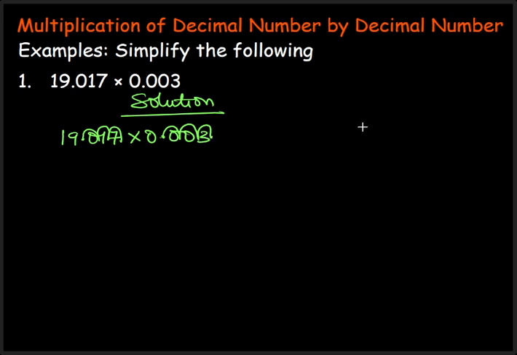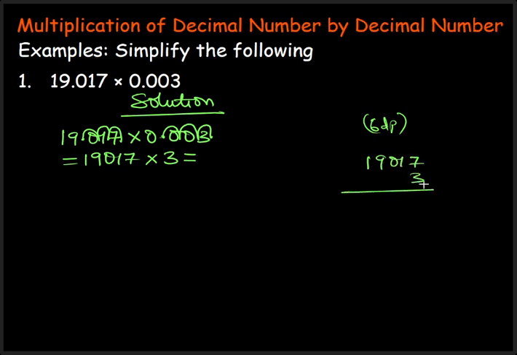So we've shifted a total of 6 decimal places. And that will make it 19017 times 3. So if we are to multiply this, let's come down here.